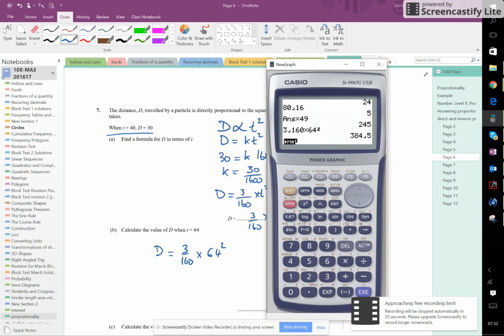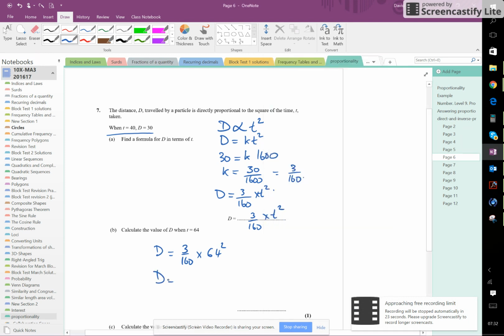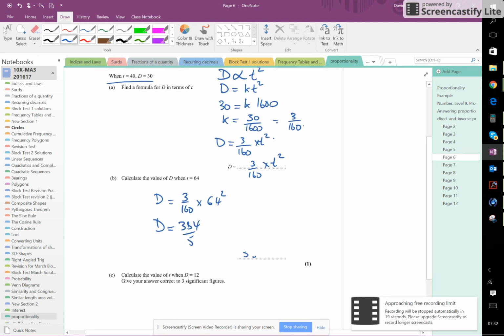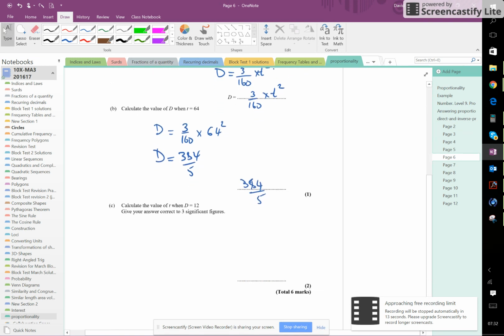And we get 384 over 5. Calculate the value of t when d equals 12. So we're going to get 12 is 3 over 160 times t squared. Multiplied by 160, we get 320. Divide both sides by 3.